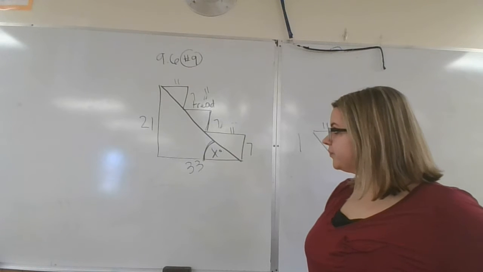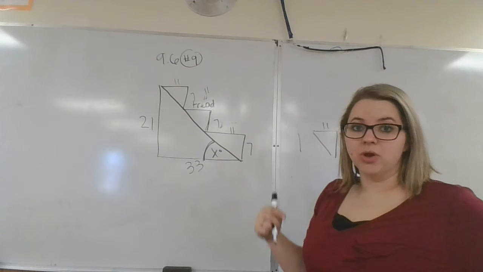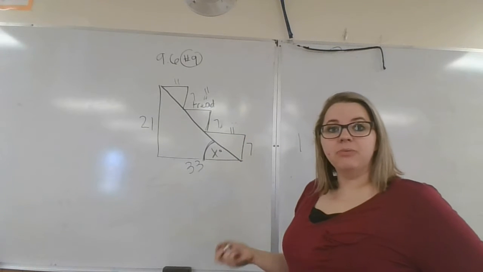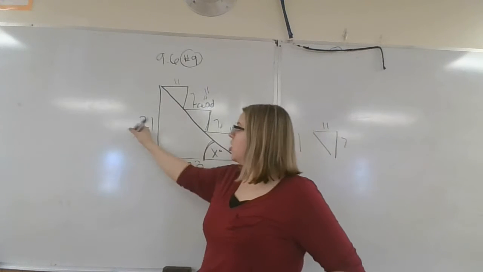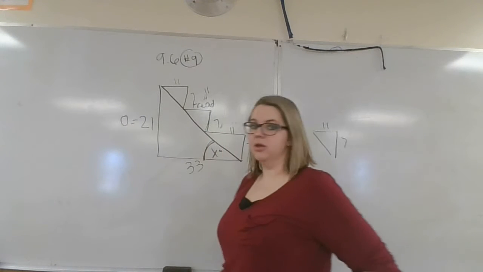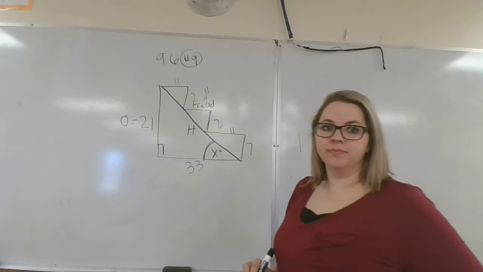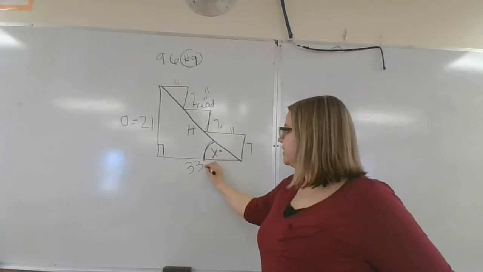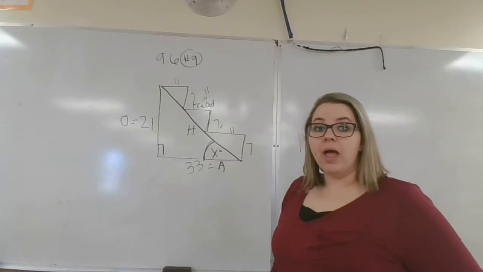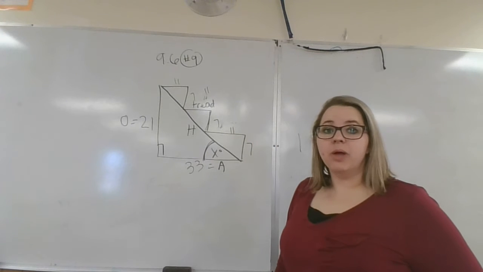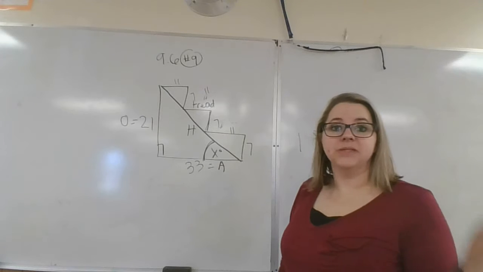Okay, well, I'm finding the angle, so I know it's an inverse. So I need to use an inverse one of those. Now let's label our sides. This is my opposite side, 21. Here's my hypotenuse here. My right angle is there. And then that means 33 is my adjacent side. Well, I have numbers for opposite and adjacent, so I know I want to set that up using opposite and adjacent.